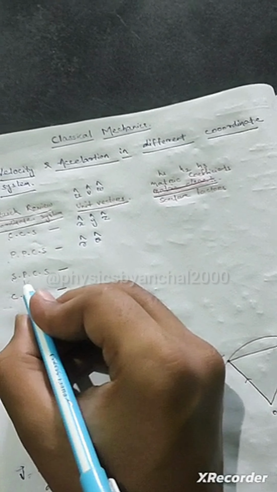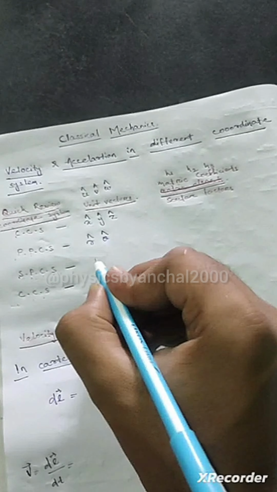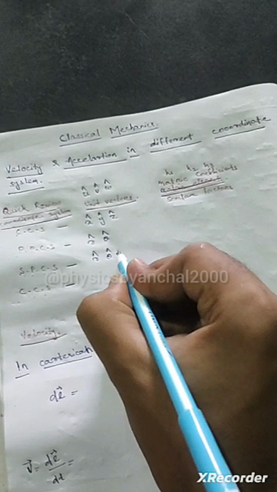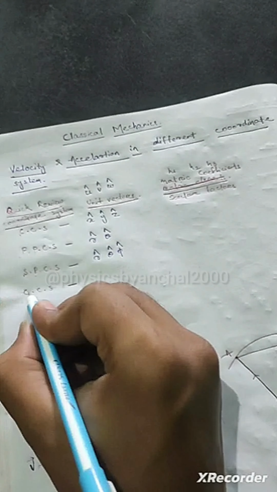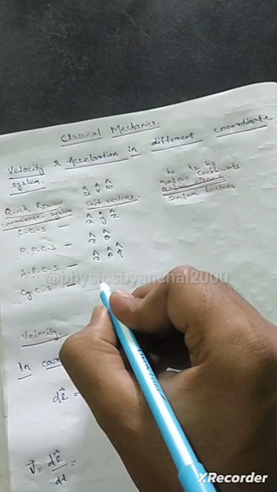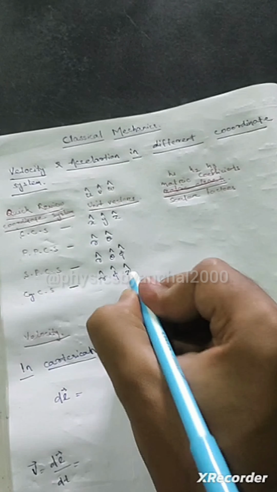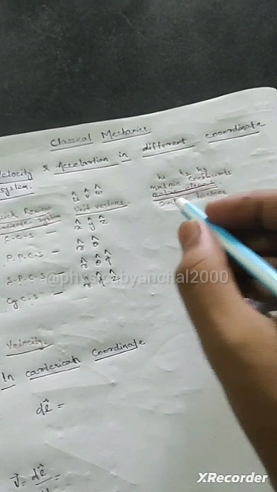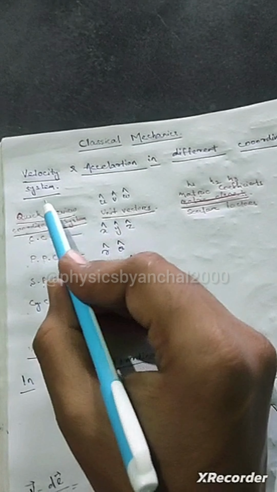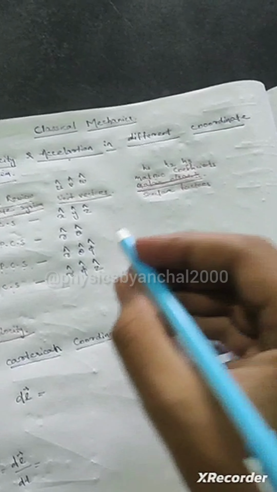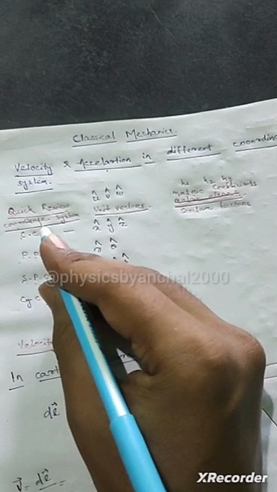In the spherical polar coordinate system, the unit vectors are r cap, theta cap and phi cap. And in the cylindrical coordinate system, the unit vectors are r cap, phi cap, z cap. You all know about it. Our main aim today is to discuss velocity and acceleration, not the coordinate systems, so it's just a quick review.